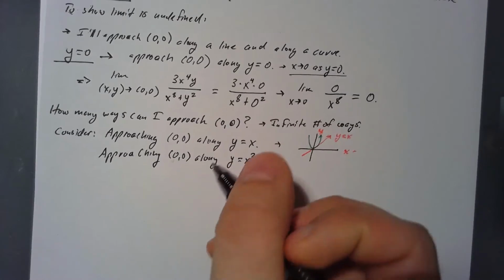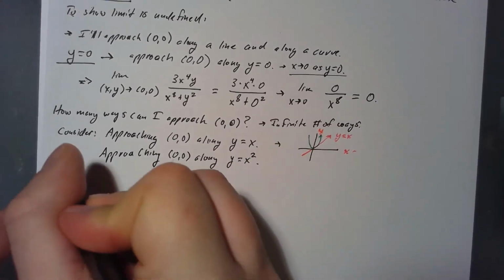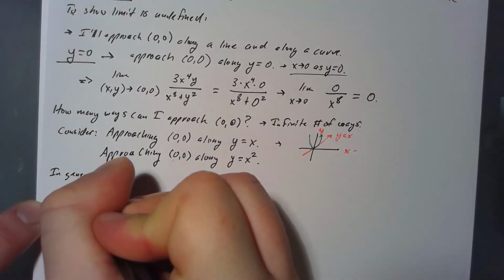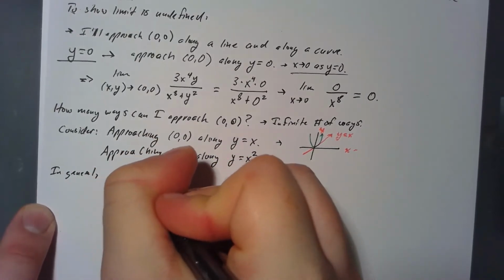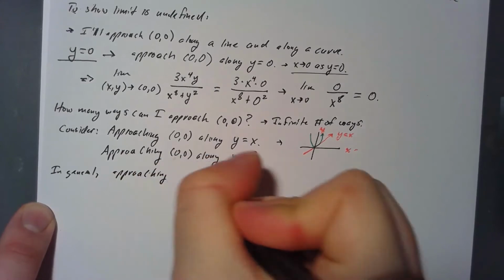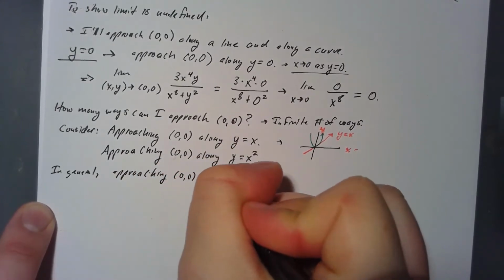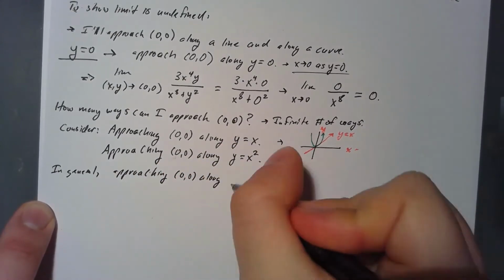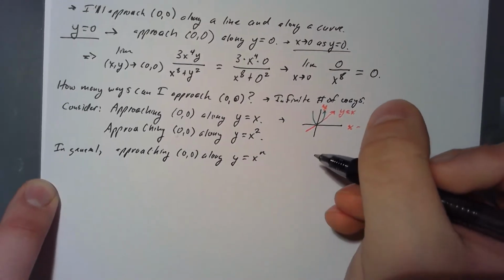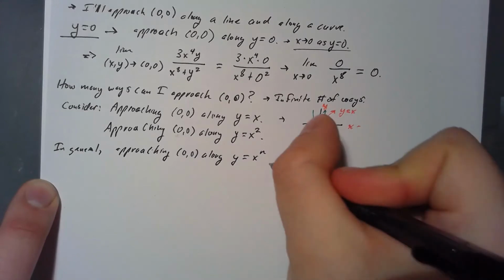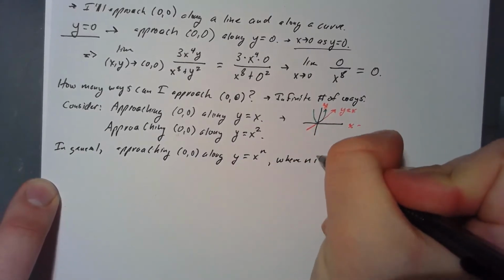So you could actually consider, in general, approaching 0, 0 along y equals x to the nth power, where n is a number.